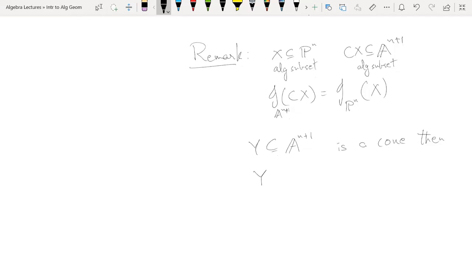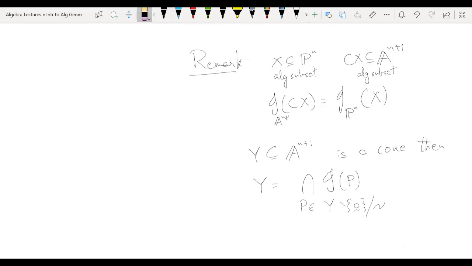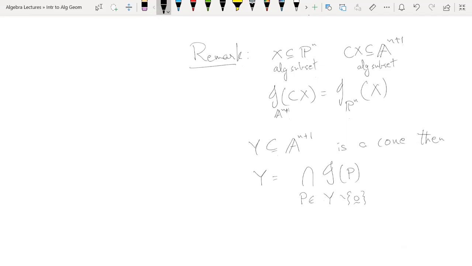So maybe you can write it as the intersection of the ideals I(P), where P belongs to Y minus origin modulo the equivalence class. So I want to really think of it this way.